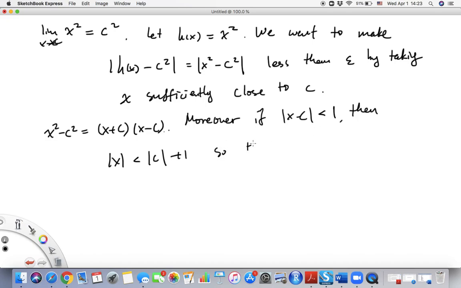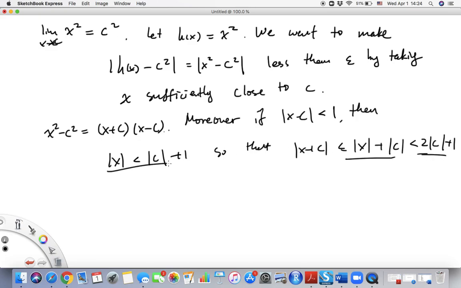So that the absolute value of x plus c is less than 2 times the absolute value of c plus 1. Okay, so here is the triangle inequality, and we used the fact here. Okay, so if we focus on the part that the absolute value of x minus c is less than 1, then this is correct.